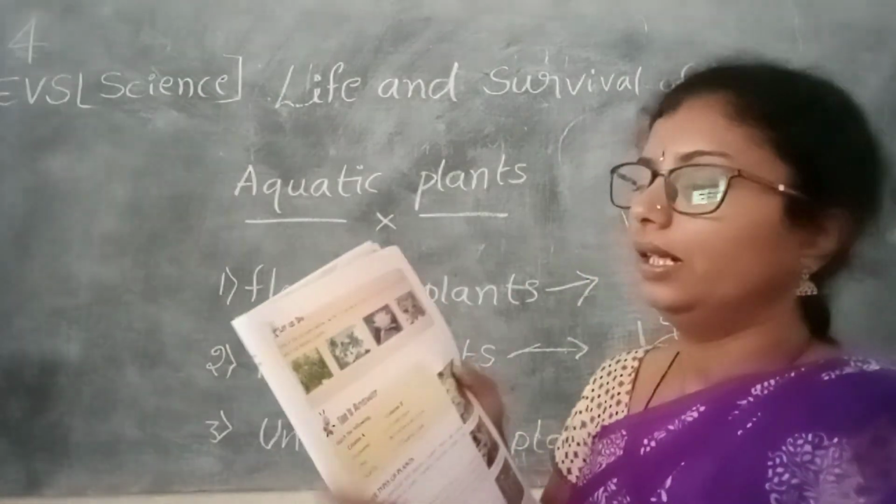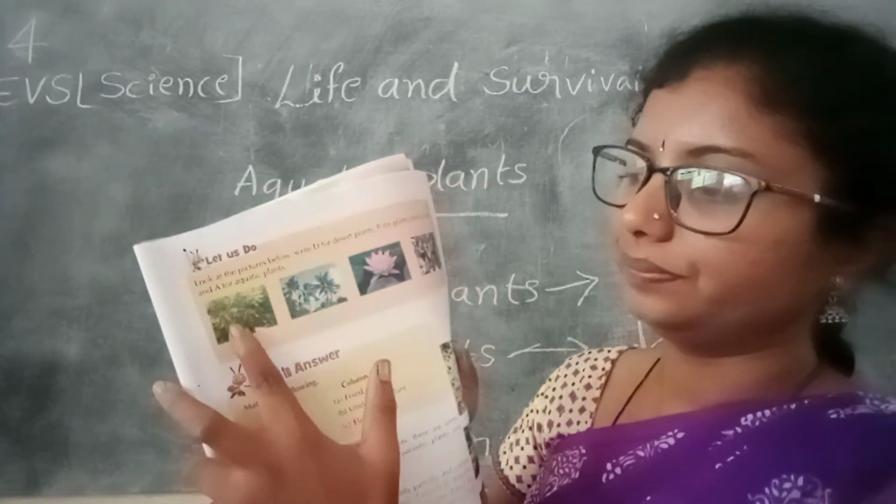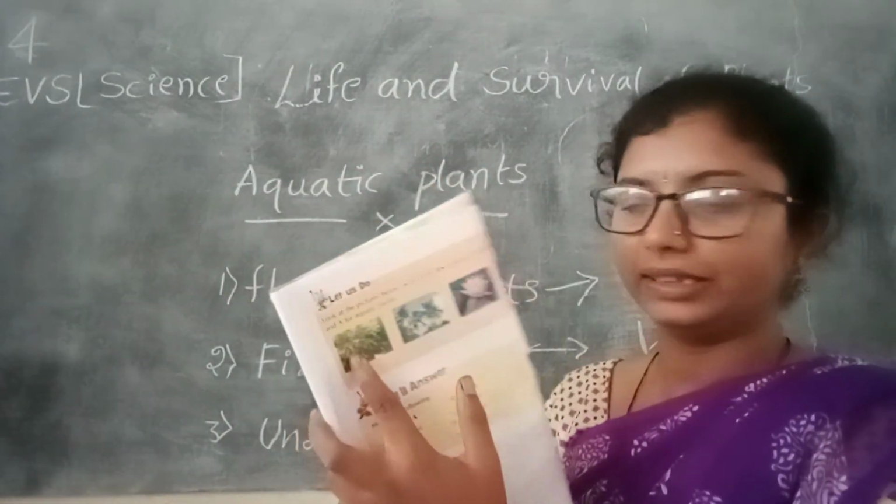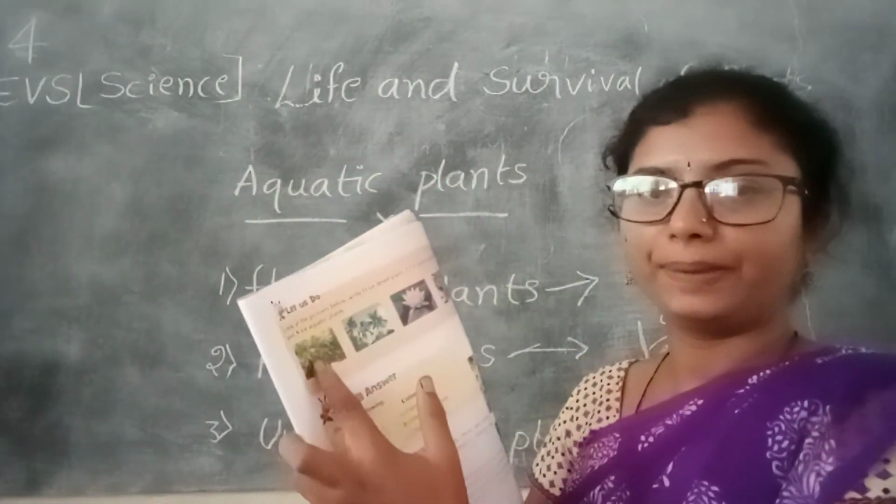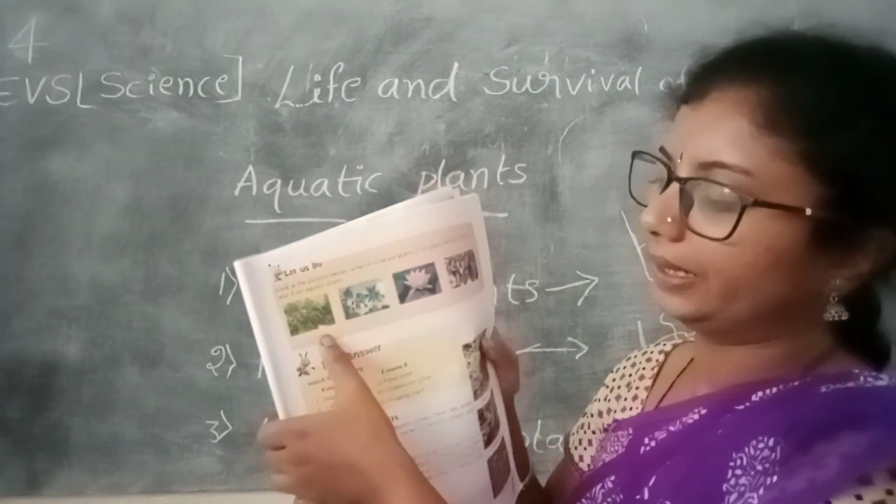Okay. First picture, it is a neem. Which plant is it? It is a plain plant. So write P here.